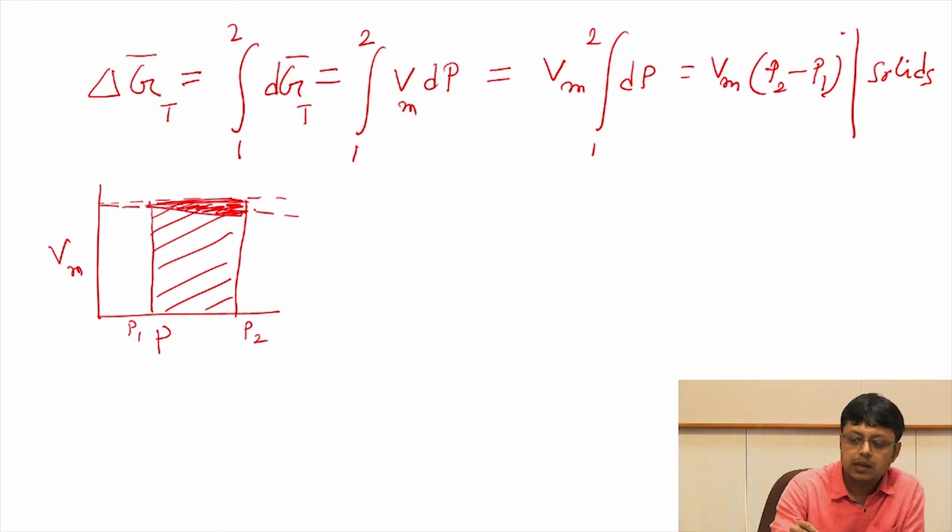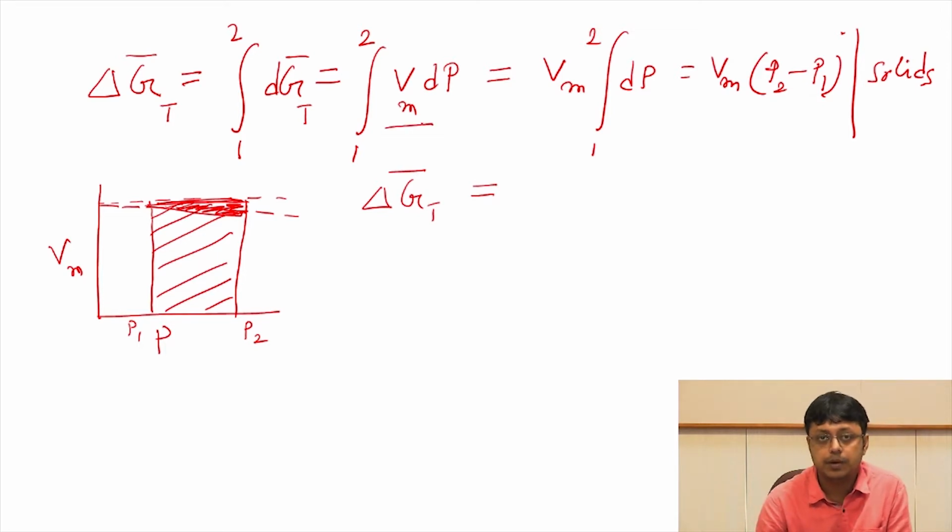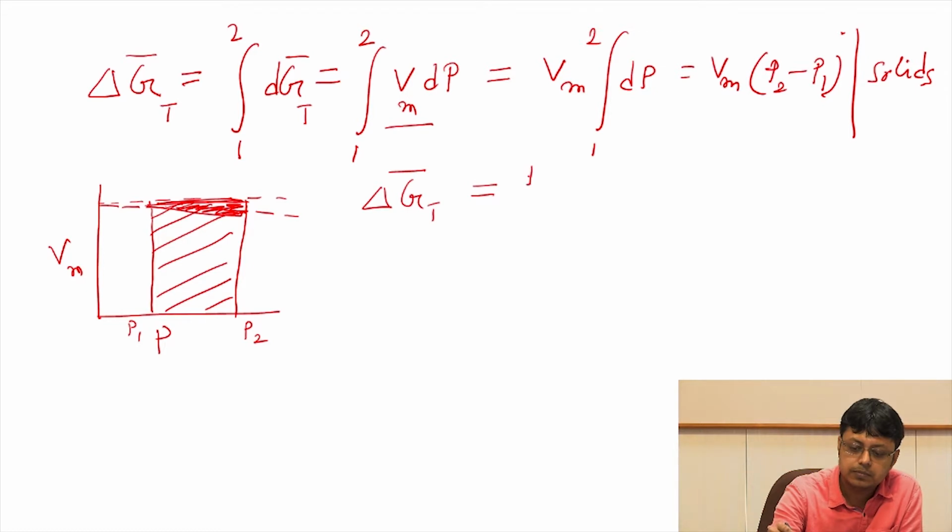Now similarly, if it's a gas, then we can actually use the ideal gas equation, where we have to write this volume in terms of pressure using nRT by V, but it is molar volume, so it will be RT by V, and since the temperature is constant, you can take it out of the integral.